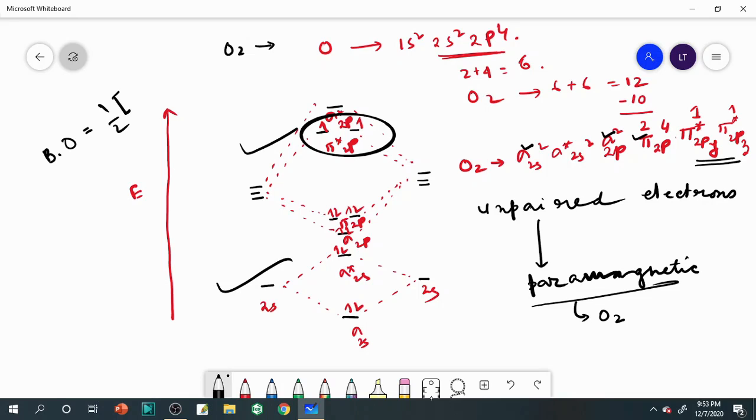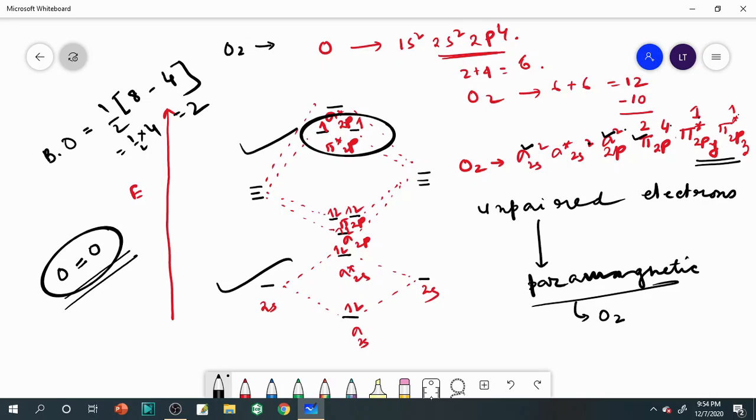So in the bonding orbitals there occur 2 plus 4, so 8 electrons, and in the antibonding star orbitals there occur 2 plus 1 plus 1, so 4. So 8 minus 4 is equal to 4, and half of 4 is equal to 2. So in oxygen a double bond is indicated, and indeed in the oxygen molecule there occurs a double bond, you know it.